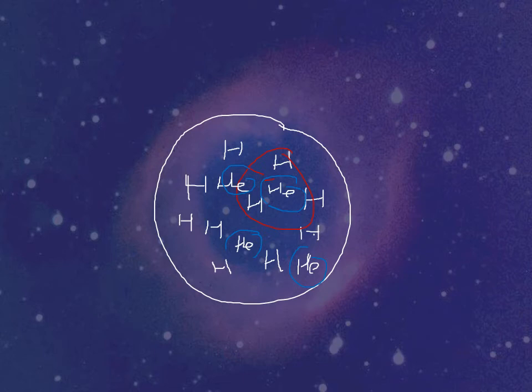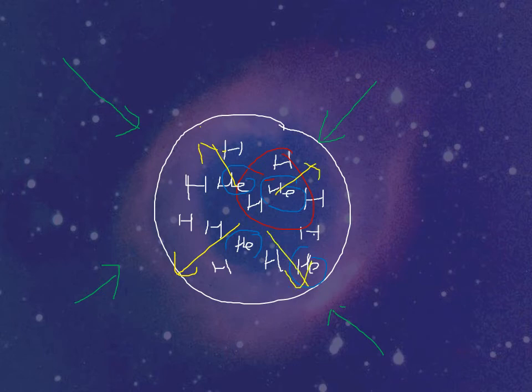Gravity is trying to squeeze the core smaller, but all the heat is trying to push outwards. So all the energy released by the nuclear fusion is pushing outwards. That's balancing gravity. Everything is stable, but if all those heliums are in there getting in the way, that causes the reaction rate to slow down.